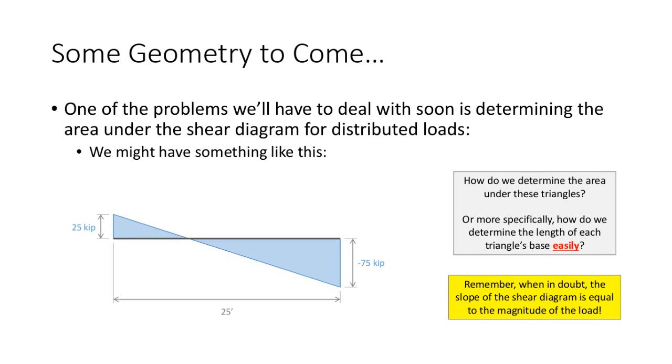So let's take this snippet of a shear diagram that I came up with. How do we determine the area under these triangles, or more specifically, how do we determine the base of these triangles really easily?